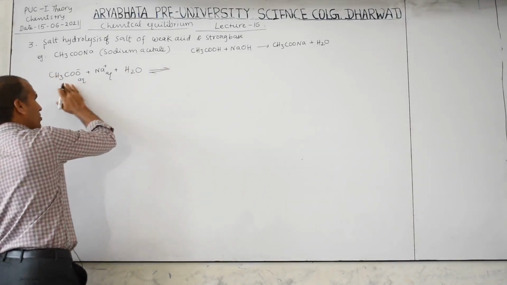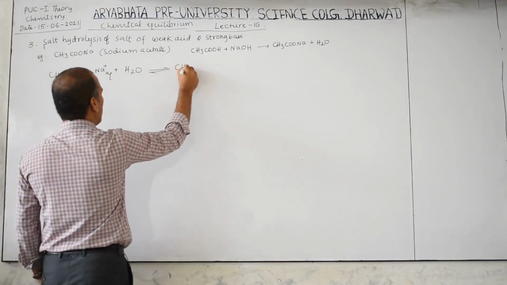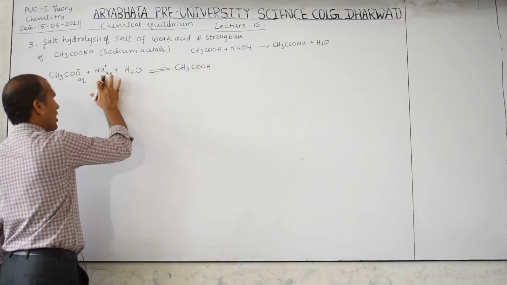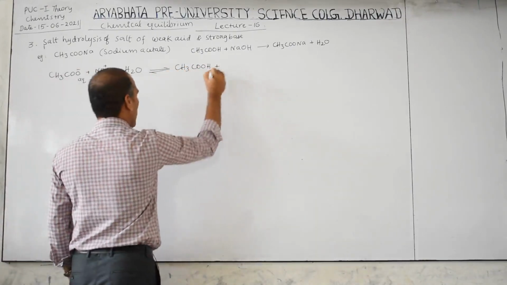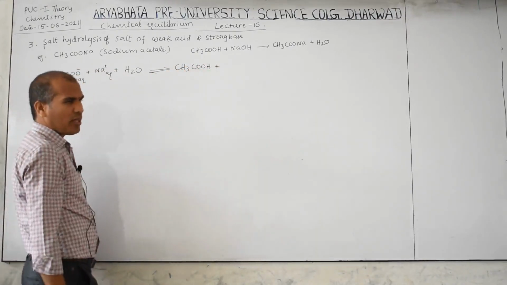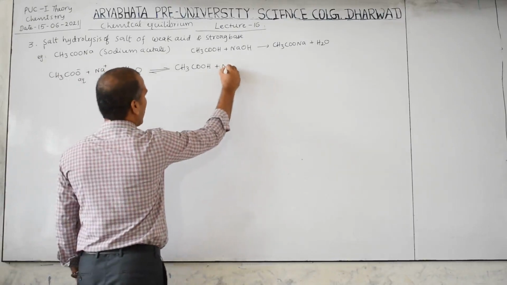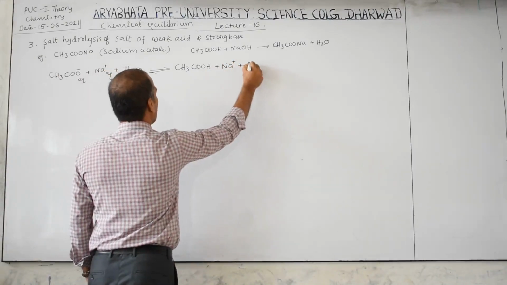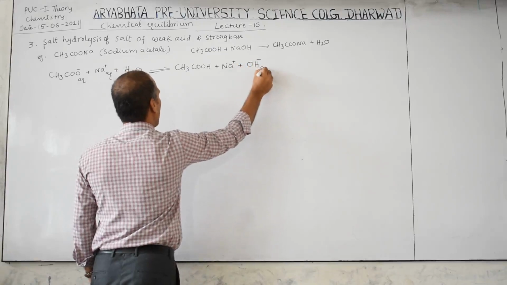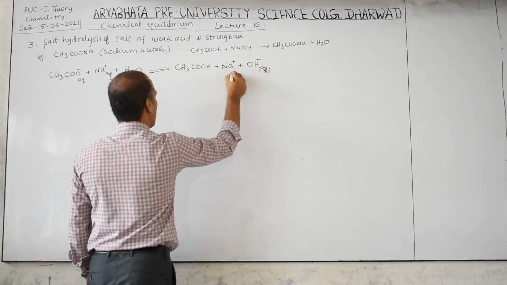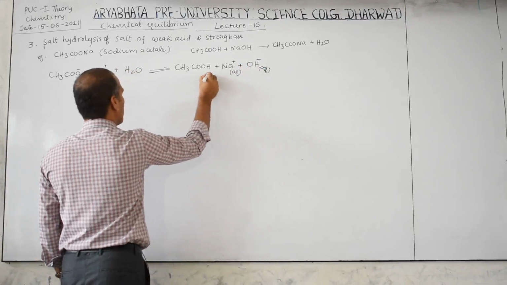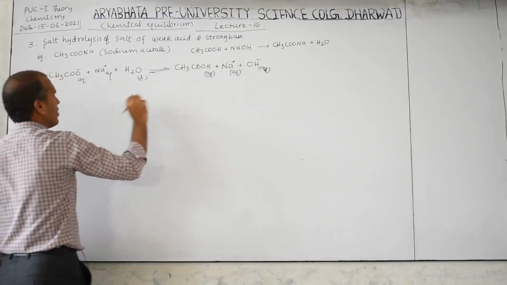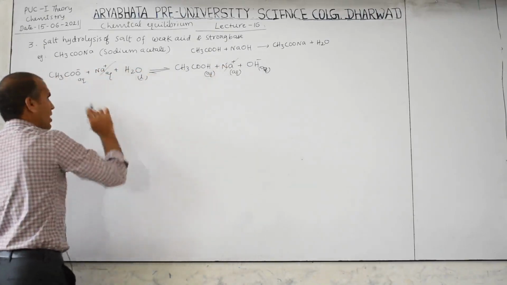H reacts with the anion to form CH3COOH, and OH combines with sodium to form NaOH. NaOH is a strong base, completely ionized at any condition, any concentration. Therefore Na plus and OH minus are aqueous, and the common ions cancel.